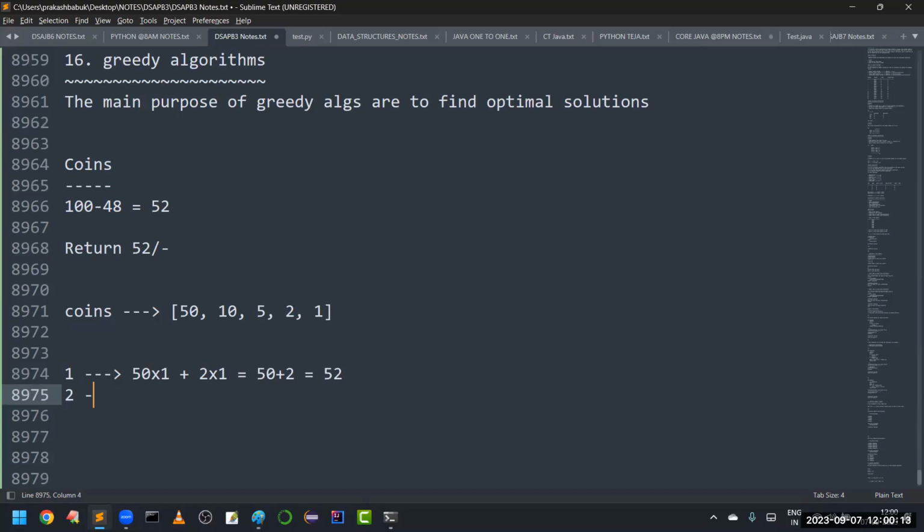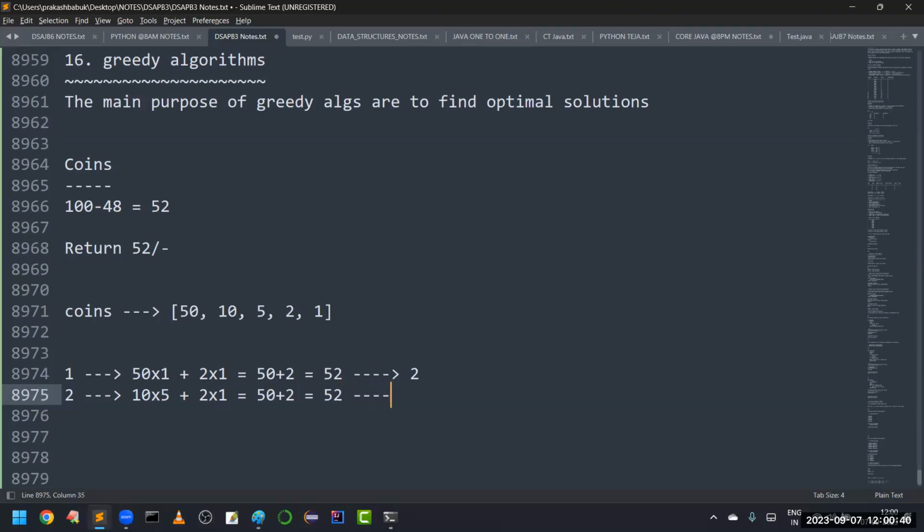We have another option. The second solution is that I can select five 10 rupee notes and two 1 rupee coins. So 50 plus 2 we get 52. But which is the best? In the first case, how many denominations are we using? Only two: one 50 rupee note and one 2 rupee coin.